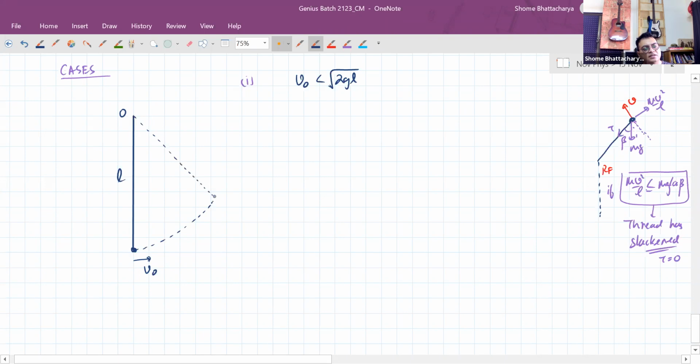before it reaches 90 degrees. It will come to some theta where it stops. Then at some theta less than 90 degrees, V is equal to 0 momentarily. And tension at that point will become mg cos theta.